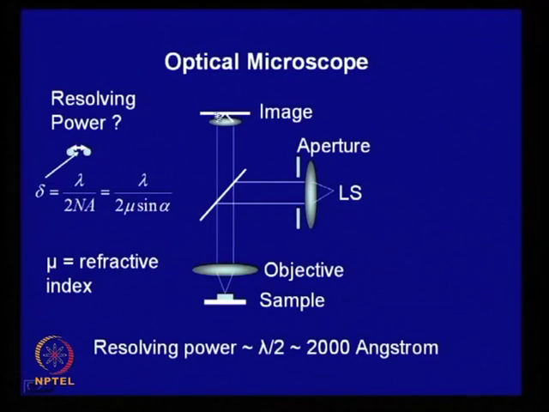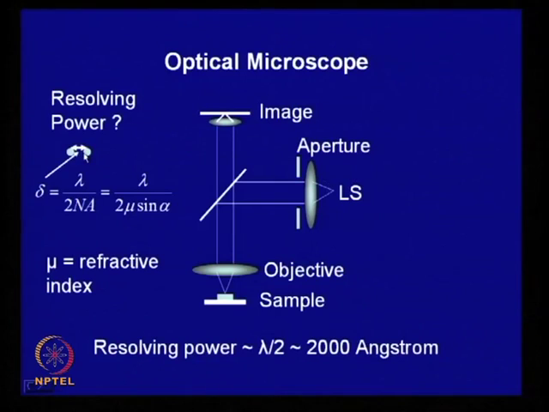You can put a photographic plate or a camera can be mounted, and the microstructure of the sample can be recorded. Now, the question comes, what is the resolving power of a microscope? By resolving power we mean the ability of the microscope to clearly see two very closely spaced points, which is shown over here.